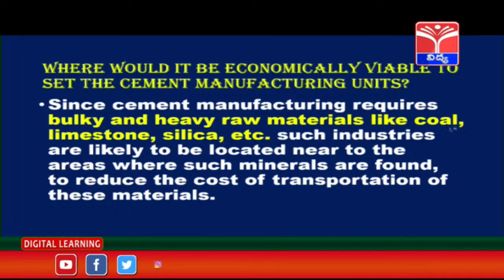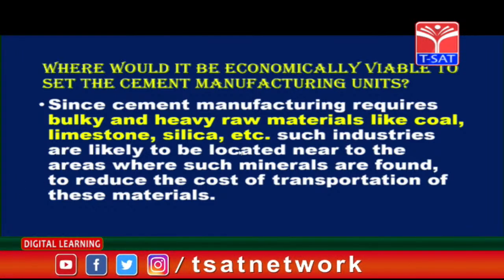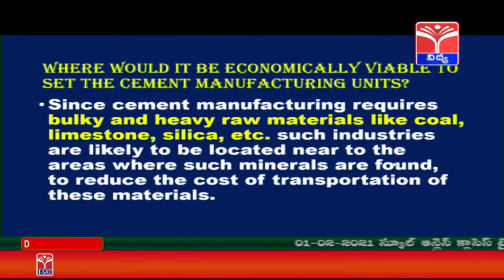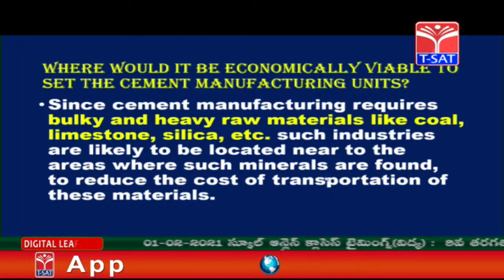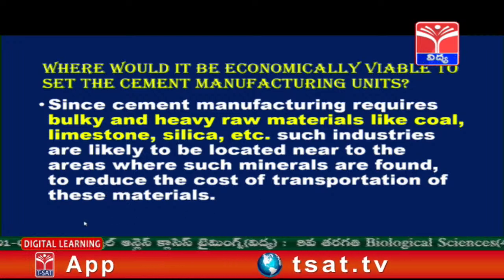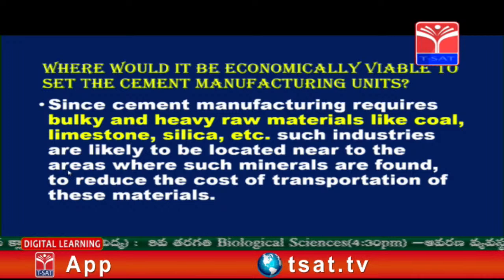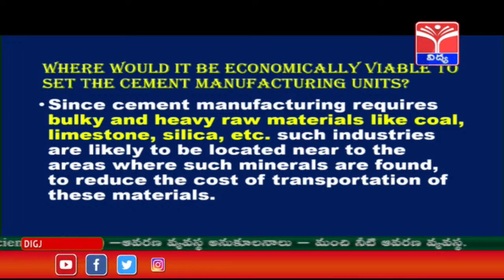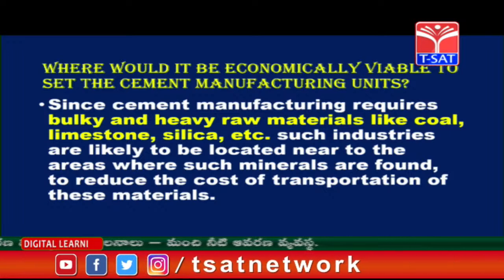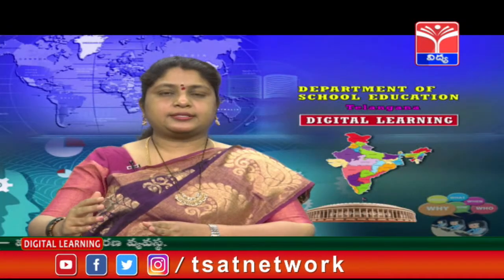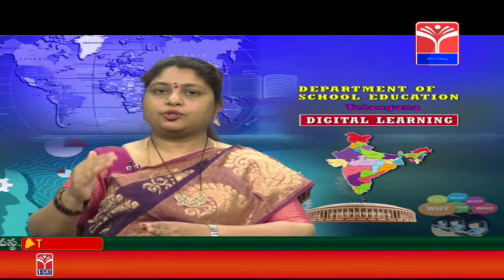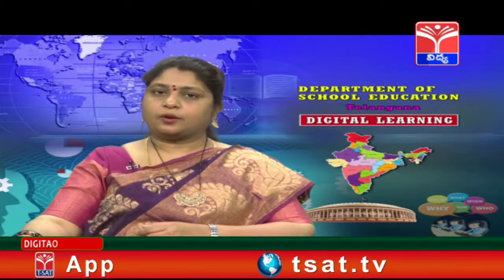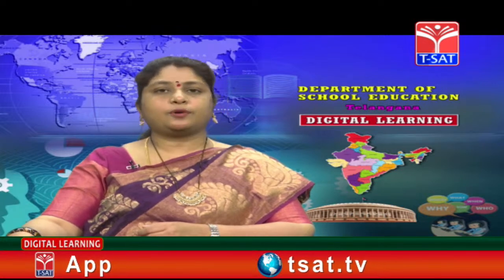So, such industries are likely to be located near to the areas where such minerals are found. To reduce the cost of transportation of these materials, since these are heavy and bulky, the transportation cost is also very high. So, to avoid that, these industries have to be set up near those areas where these raw materials are available. Okay?